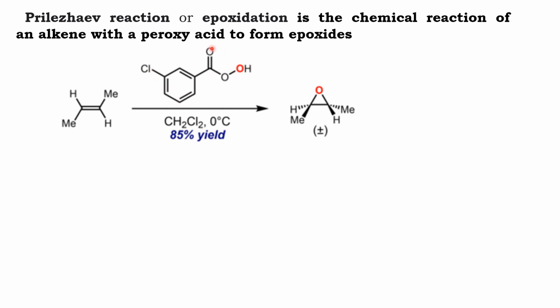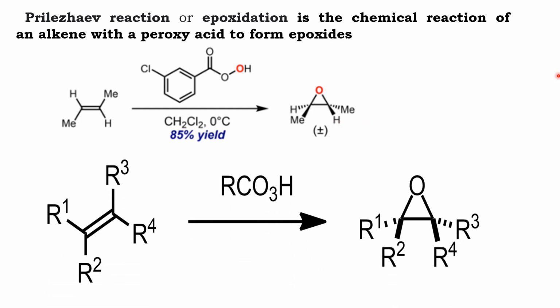See here, this is the peroxy group, and at the meta position we have a chlorine. So using meta-chloroperoxybenzoic acid and an alkene, in the presence of an organic solvent, we get an epoxide.